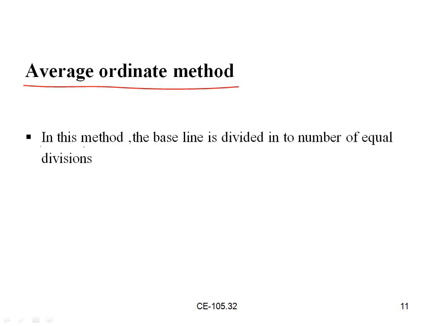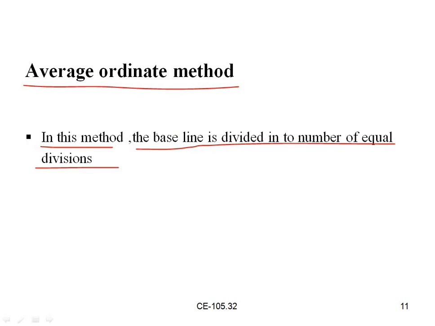So let us see the first method, average ordinate method. In this method, the baseline is divided into a number of equal divisions or equal parts. In the name itself, you can see the average ordinate method is divided into a number of equal parts.